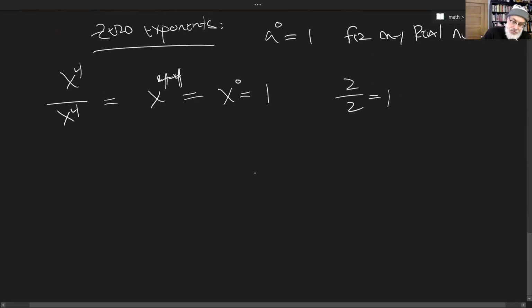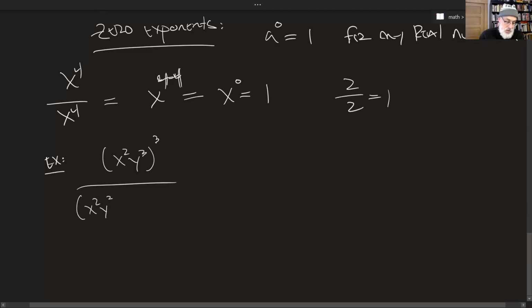Let's look at something that's going to result in a 0 exponent, but is a little bit more complex looking. So x squared, x to the third, and x squared y to the third times x squared y to the third squared. So let's leave the numerator alone.